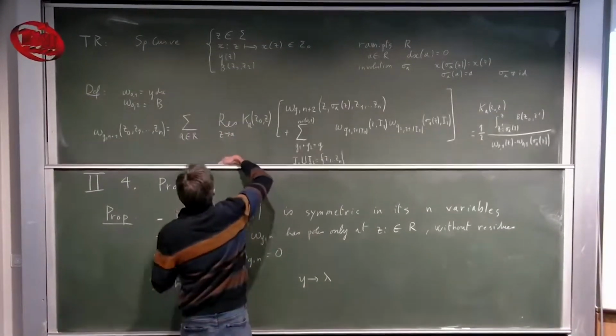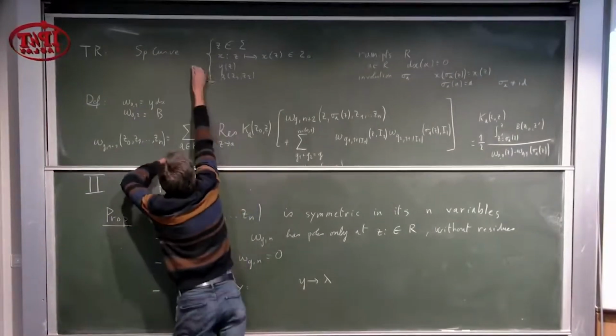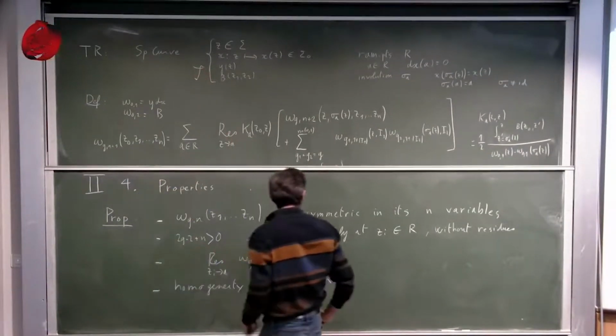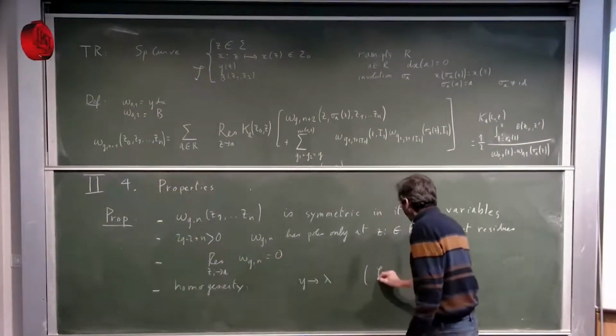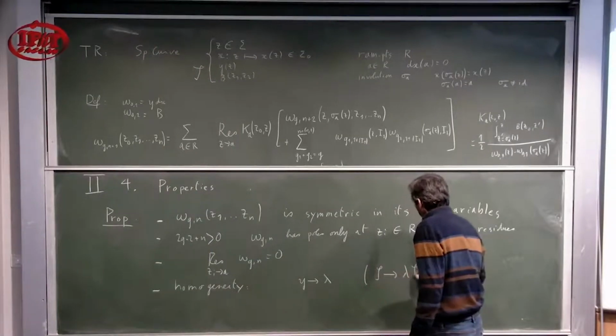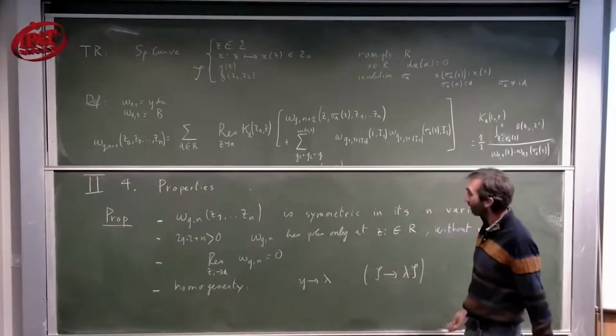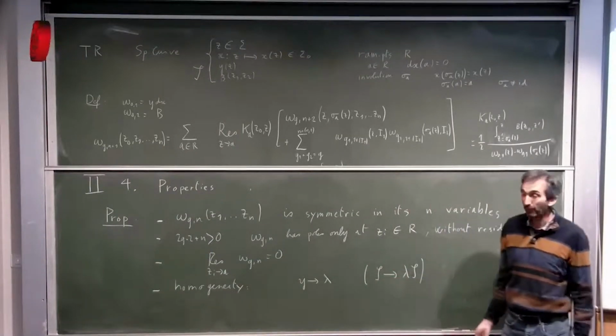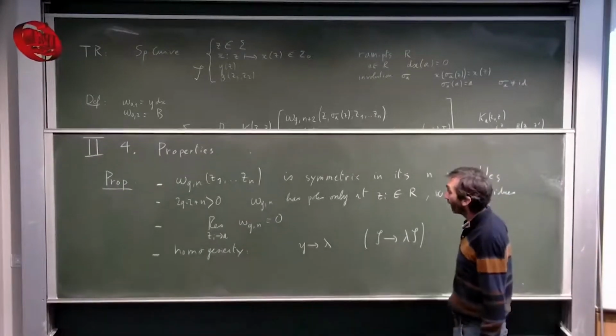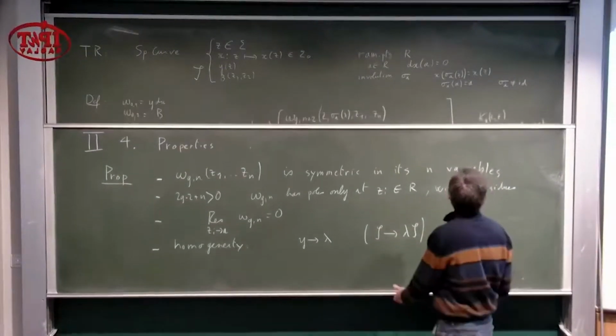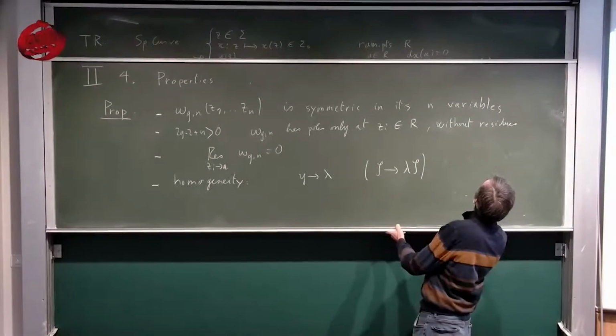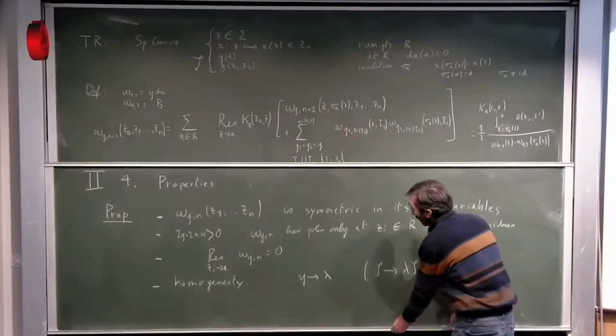This is what I will call S to lambda S, which just means multiplying y by lambda and nothing else. Then the proof is kind of trivial.